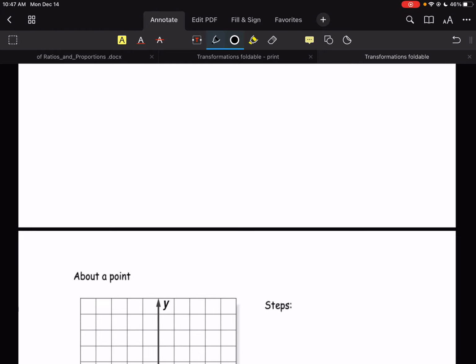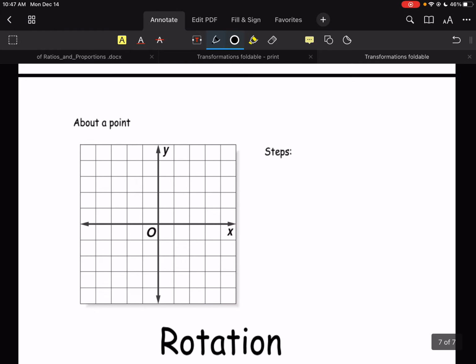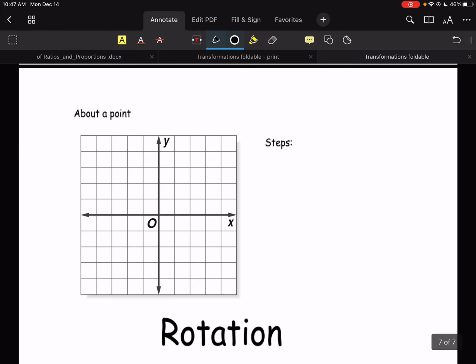So on that next page, we talk about how to rotate about a point. So for example, you might get a question like, let me give you an example here. You might get a question that says rotate 180 degrees about a point -5, 3.